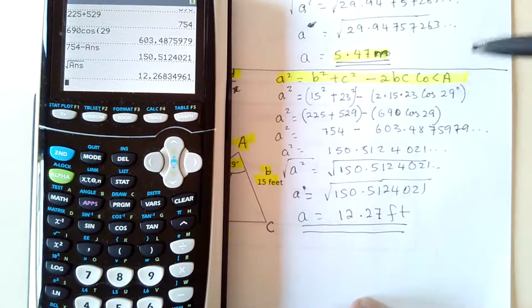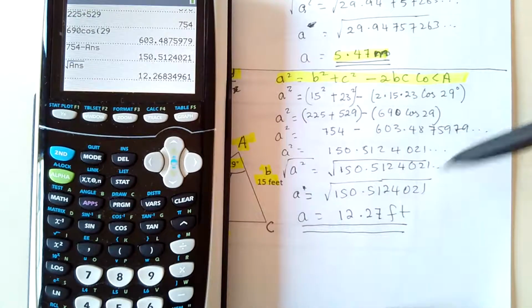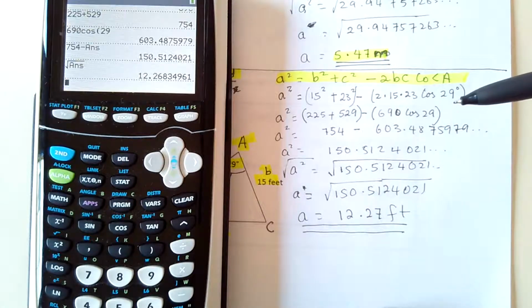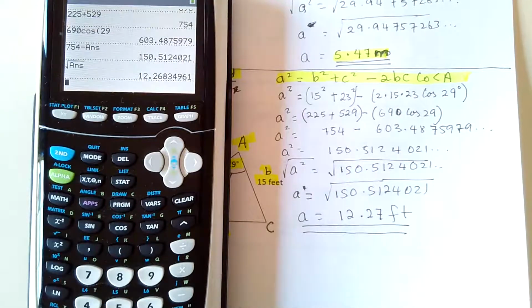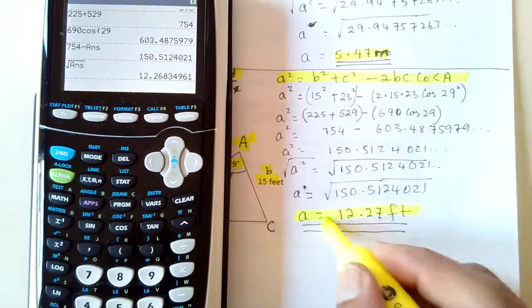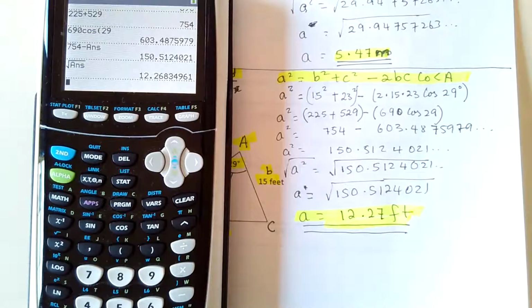So that's one of the reasons you do not round until the final answer. So be careful whenever you're using your calculator that you do not round too early. A is 12.27 feet.